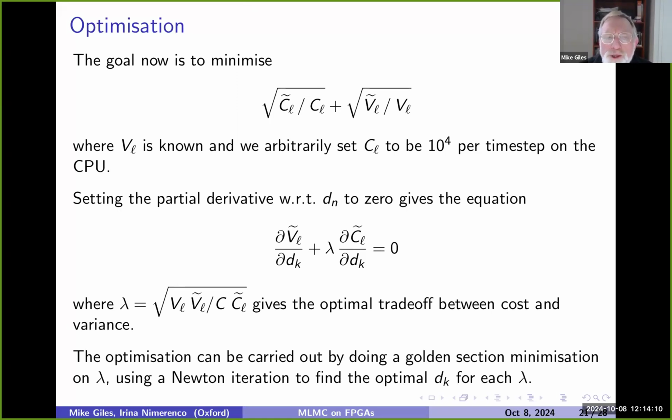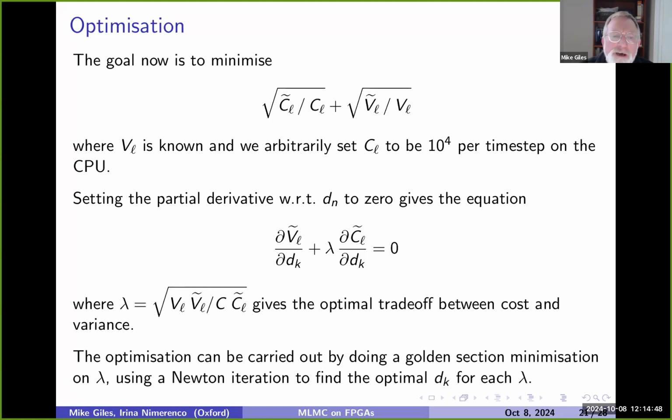Okay, so we want to optimize that quantity at the top. So we just differentiate with respect to dk and set the derivative to 0. And so what that gives us is the equation that's given there, where lambda has the value on the line below. So that gives us the optimal trade-off between cost and variance. And now what we can do is an optimization where we vary lambda to find the optimum.